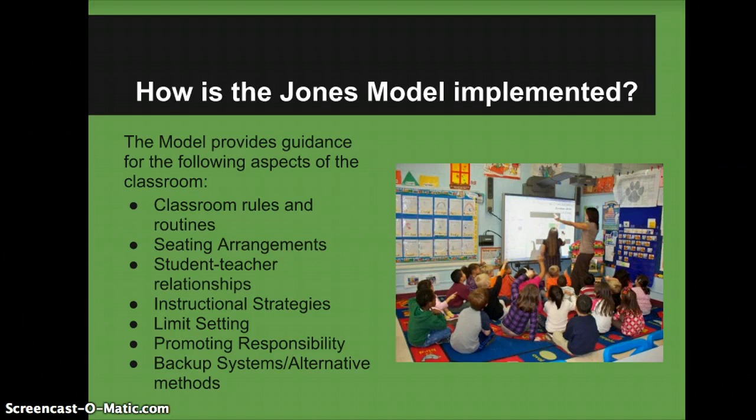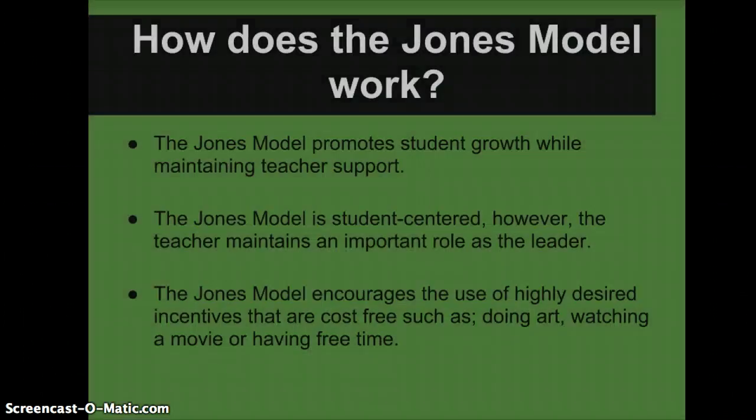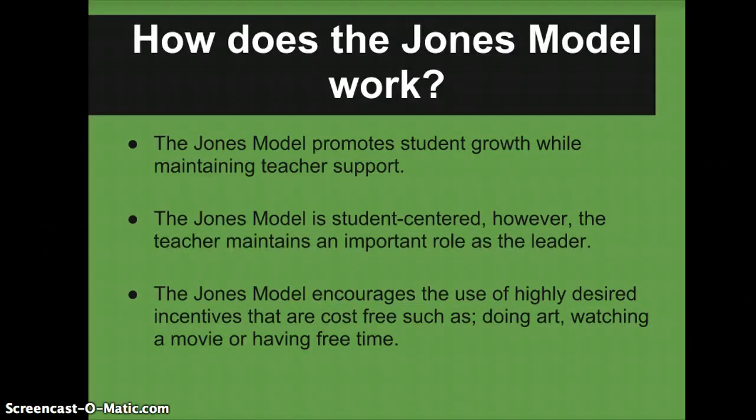Okay, and moving along. How does the Jones model work? According to the Jones model, it promotes student growth while maintaining teacher support. So, of course, making sure that both the student and the teacher have those supports and a method to follow, rather than just assuming responsibility for the student and not the teacher, or vice versa.